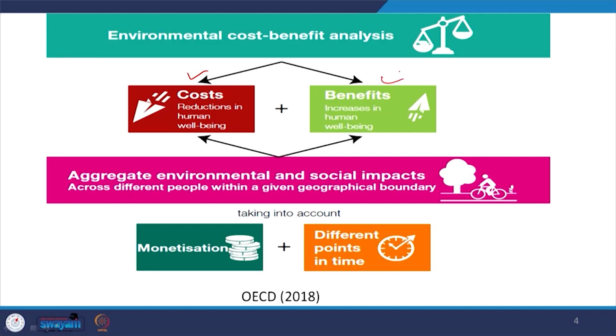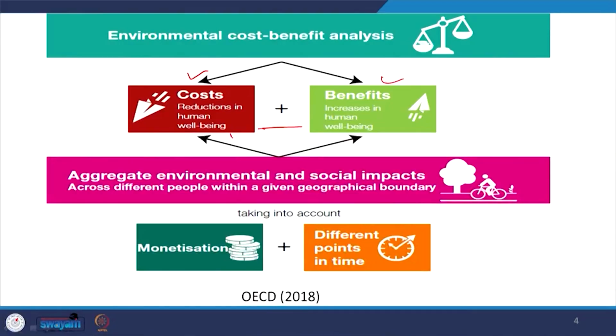Then we compare these two in order to find the net benefits, and if the net benefit is a positive number, then we say we need to go ahead with this particular policy or project. So, when we are doing this exercise, taking all the costs and all the benefits from that particular project or policy, what are we doing?